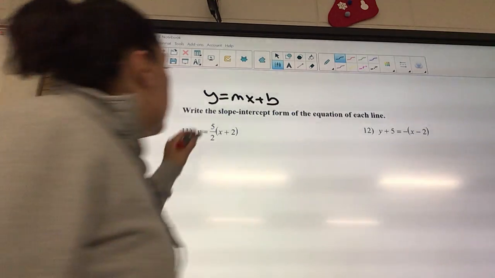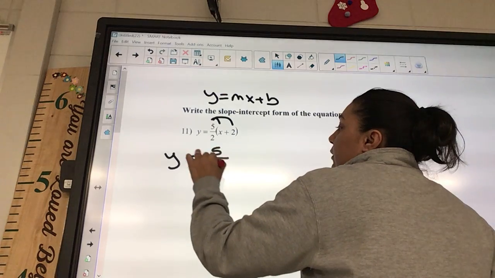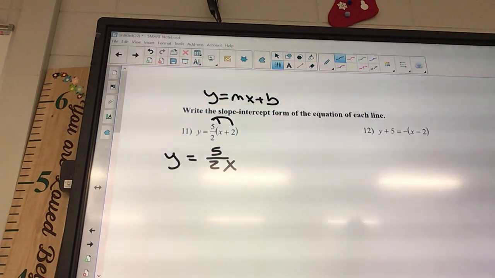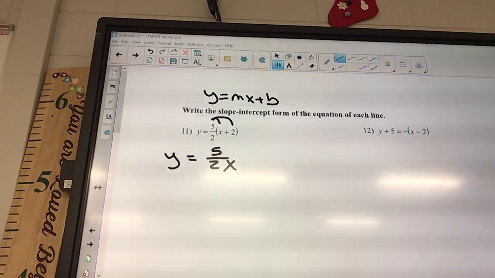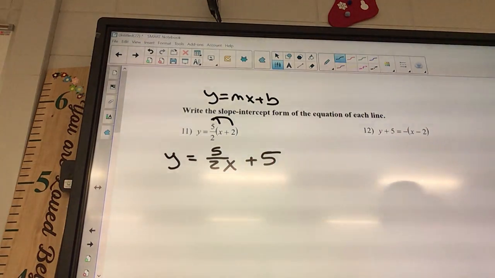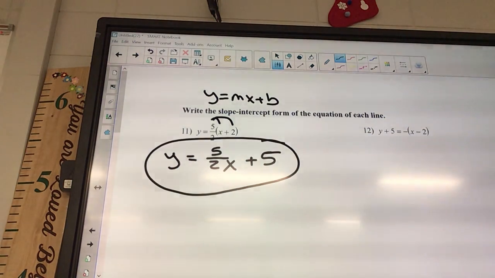So we need to distribute. So we're at y equals 5 over 2x. What is 5 over 2 times 2? It's 5. So it's going to be plus 5, and this is in slope-intercept form.